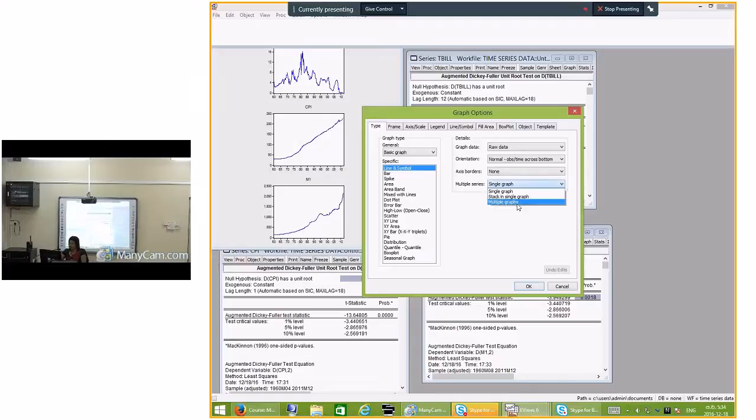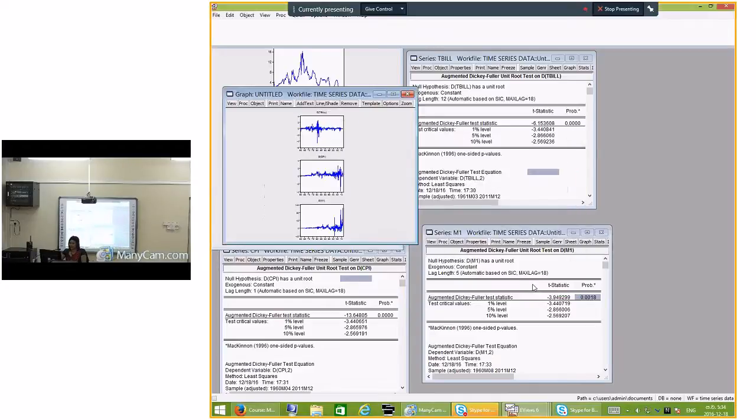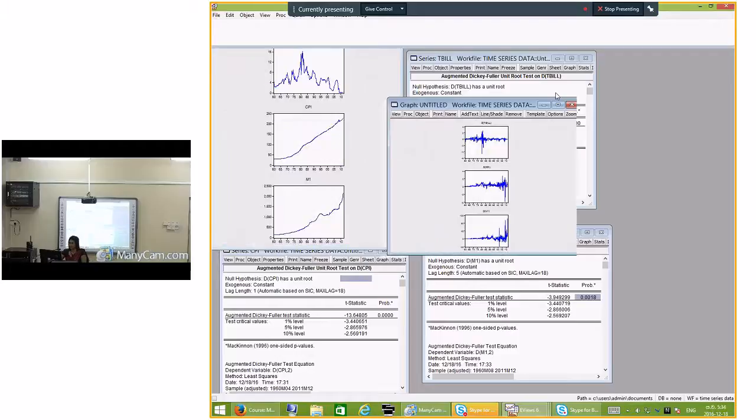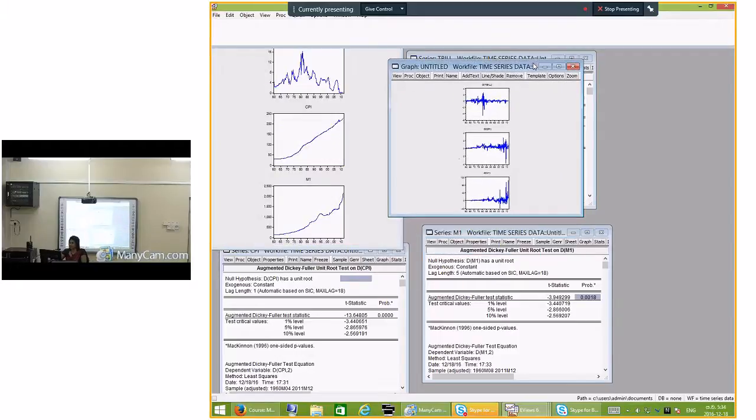Multiple graph. Now you can see the difference between these two graphs. Do you see any difference between these two graphs?